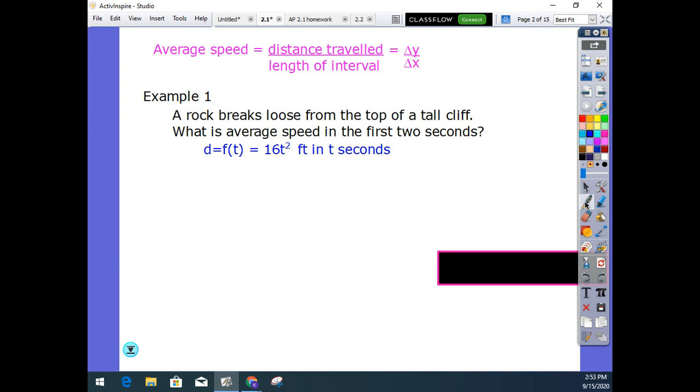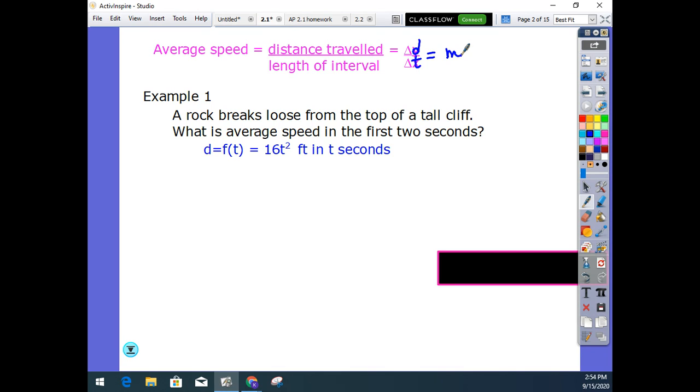So I'm going to say change in distance divided by change in time. This really is our average speed, and it ends up being our slope: change in distance over change in time. All right, so example 1 says a rock breaks loose from the top of a tall cliff.